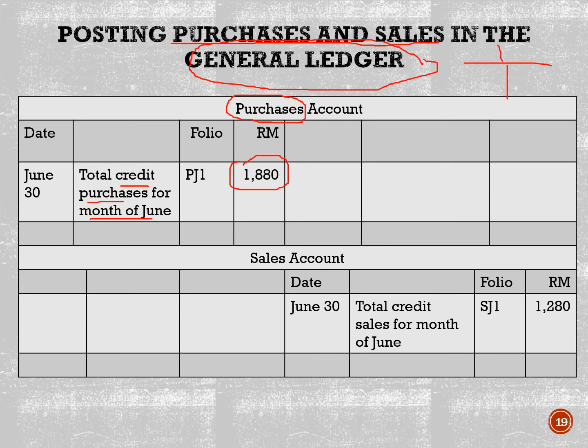So satu account purchase, satu account sale. So dalam sale kita akan letak belah credit. And untuk purchase kita akan letak belah debit. Dia bertambah belah debit, dia kalau untuk sales dia bertambah belah credit.